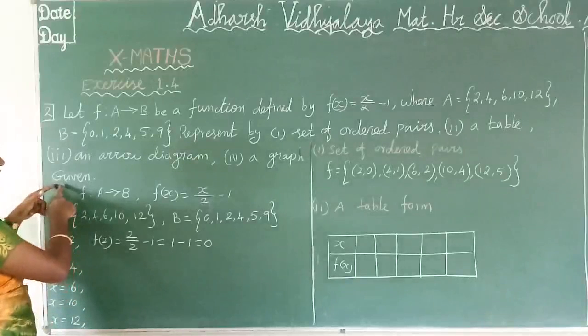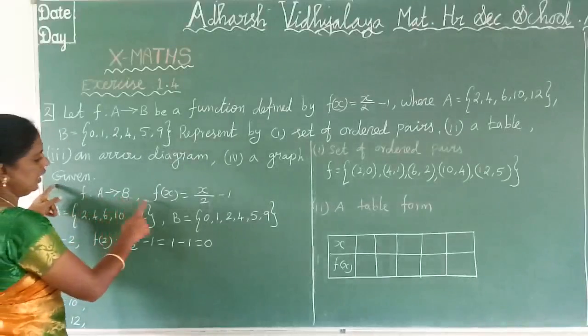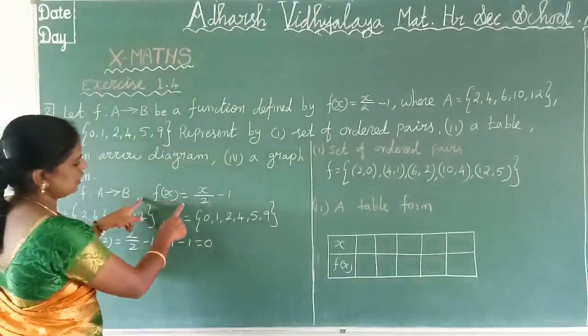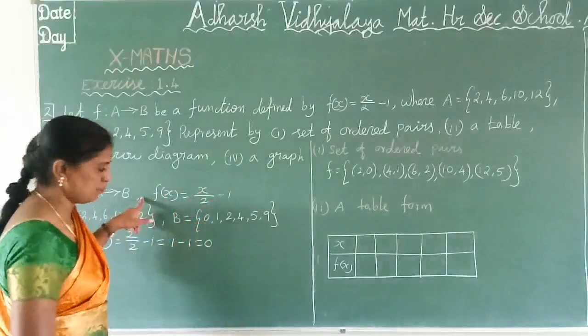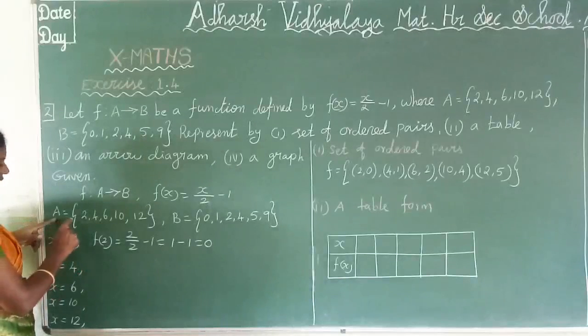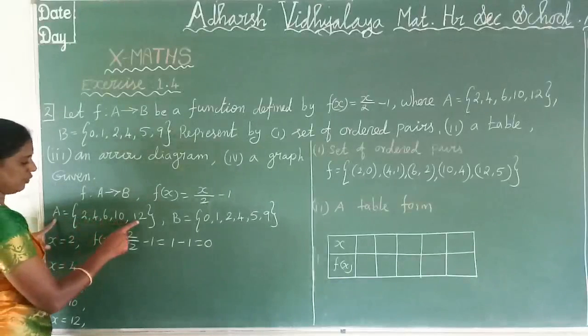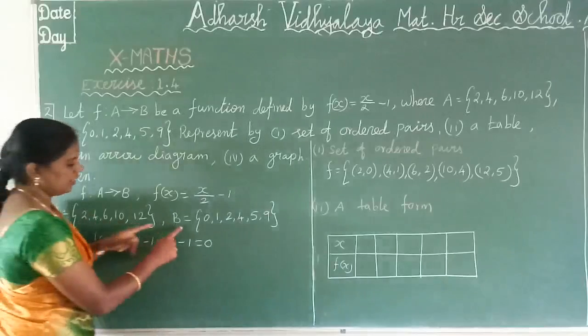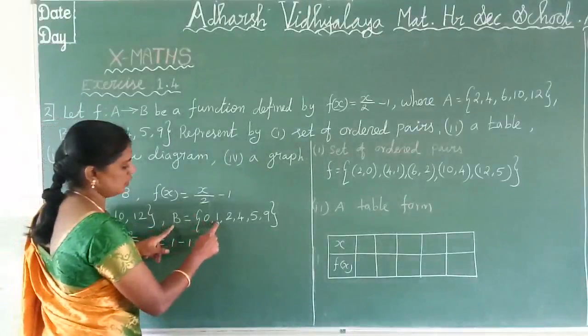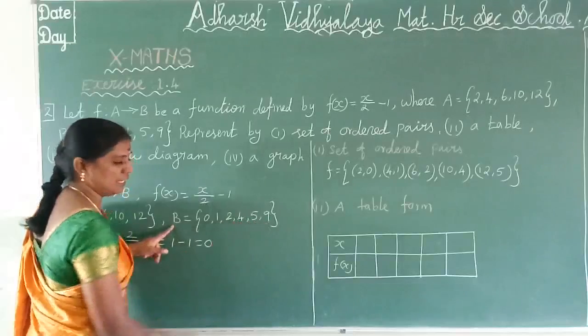So first, given f: A → B, defined by f(x) = x/2 - 1. Here domain A = {2, 4, 6, 10, 12}, that is the x values. Here B = {0, 1, 2, 4, 5, 9}.